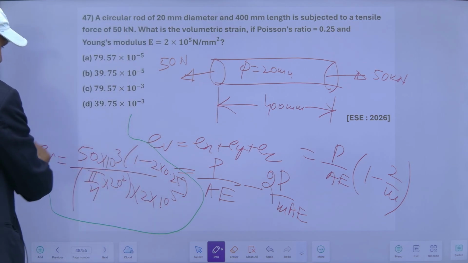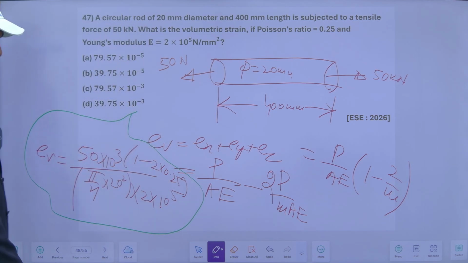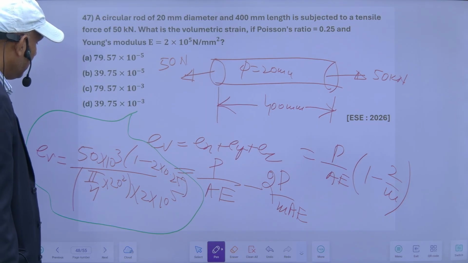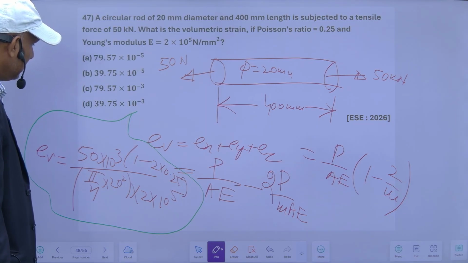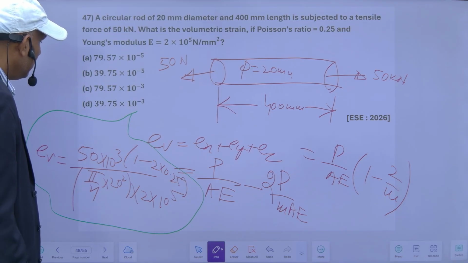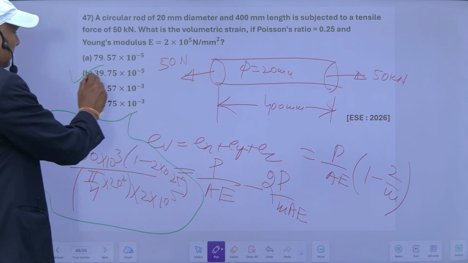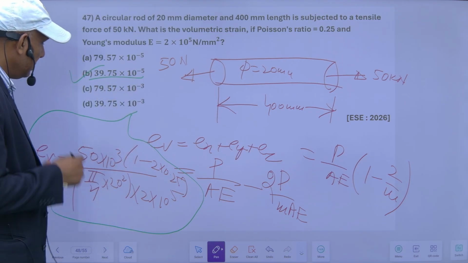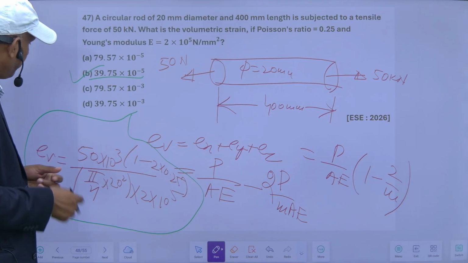So this will give the value, and after calculations this value will come out to be this one. So that will be the correct answer.